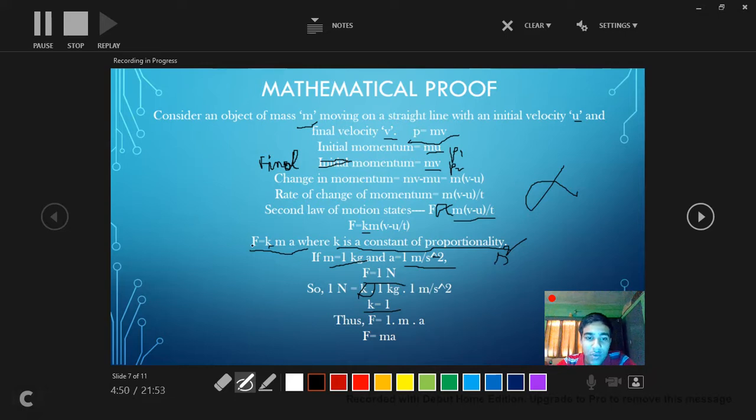So if k is equal to 1, then F is equal to 1 into m into a. Dot means into, the multiplication symbol; in higher classes you will get this. So F is equal to ma. Very easy proof.